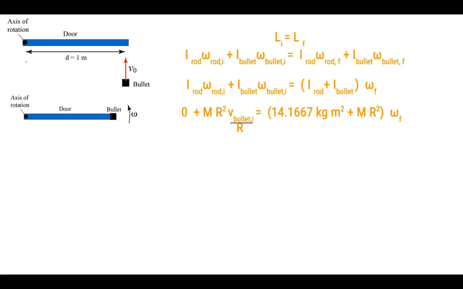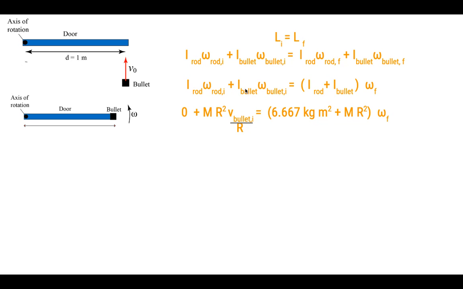You'll notice on the left-hand side that one of our r's will cancel. We determined I of the rod from our previous step to be 6.667 kilogram meters squared. We must add the moment of inertia for the bullet times the final angular velocity.